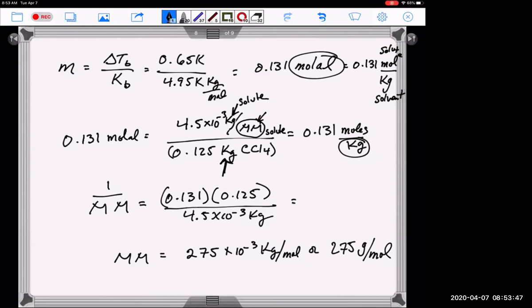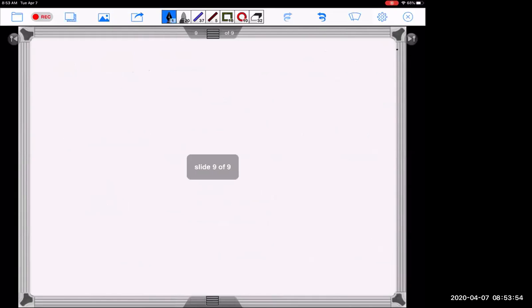Okay, and then the last part, right? So we have our molar mass of 275. And the question is, using Raoult's law, how much, let's not start with that. So Raoult's law is saying that the vapor pressure now is reduced because the mole fraction of the solvent is not 1, it's some other value.